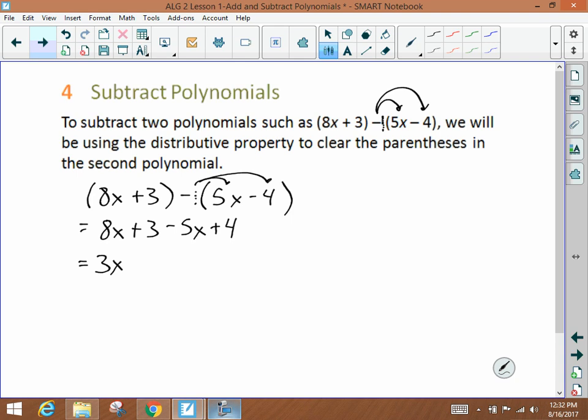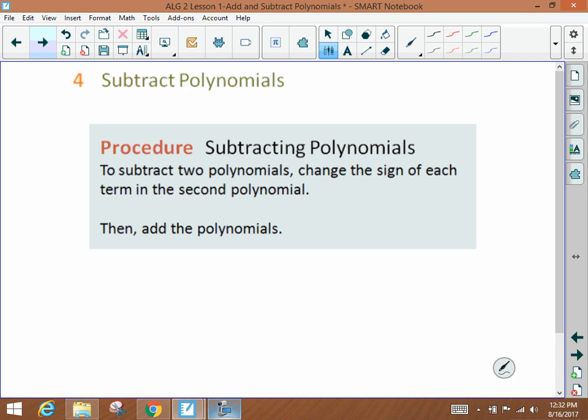So 3 plus 4 is going to give me 7, and that's done. All right, just a little bit of a procedure, right? Just like I said, you're going to be changing the sign of everything inside of your parentheses when you distribute that negative 1.